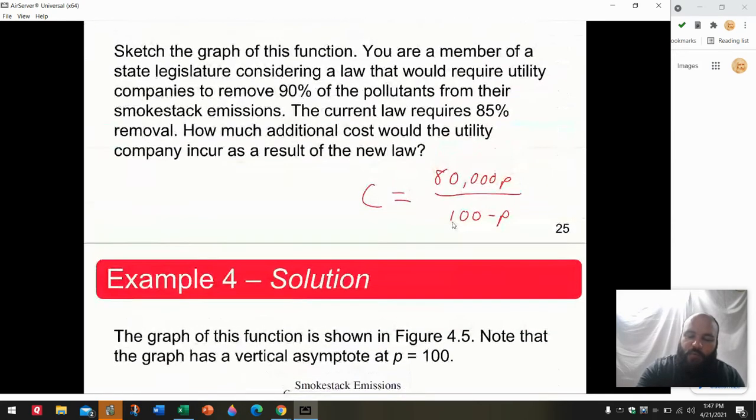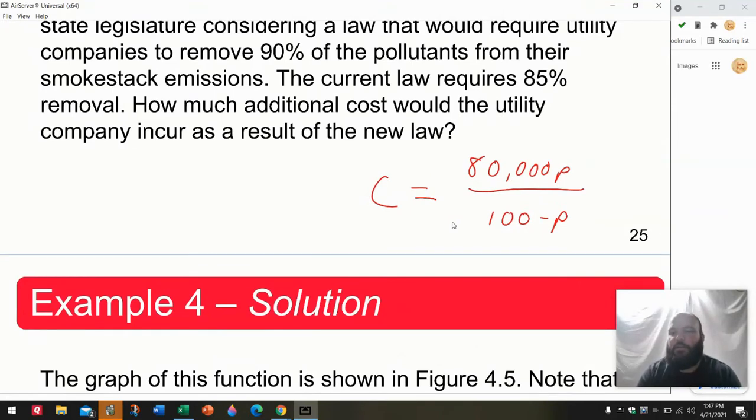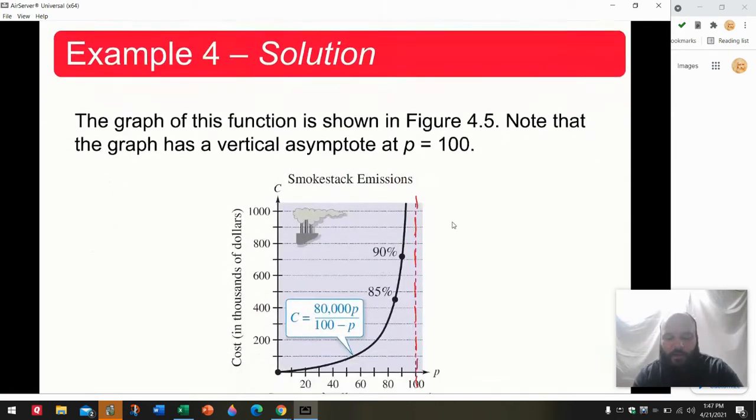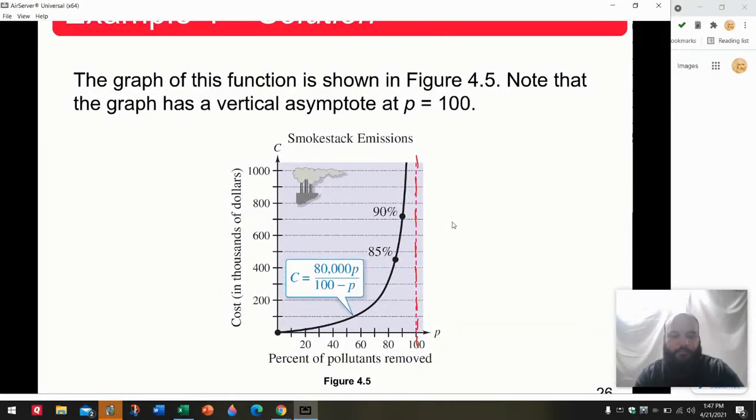Well, if we go back to the equation, the original equation is 80,000 P divided by 100 minus P. If you recall from the last video, for vertical asymptotes, you take the bottom and you set it equal to 0. If I did that and then added P to the other side, you can see that the vertical asymptote is going to occur at 100. That's why you see that there's an asymptote there.